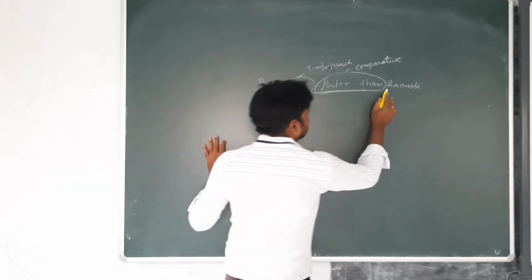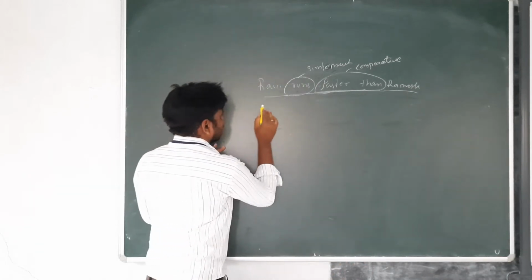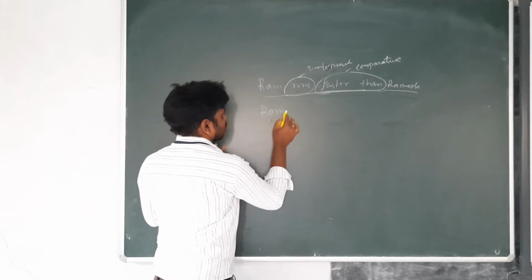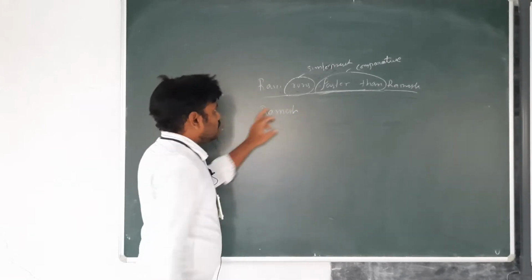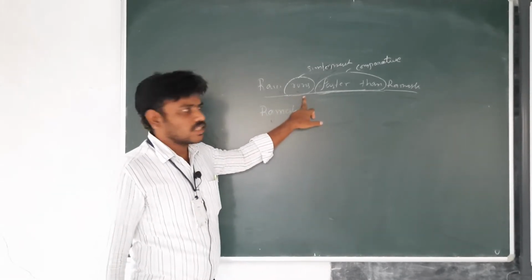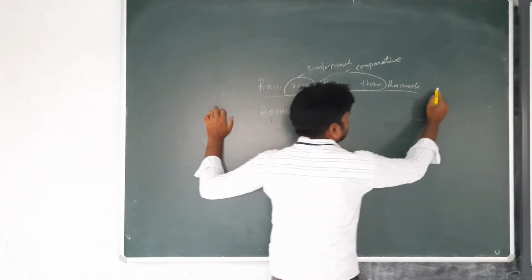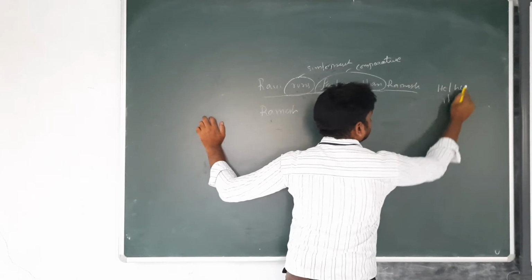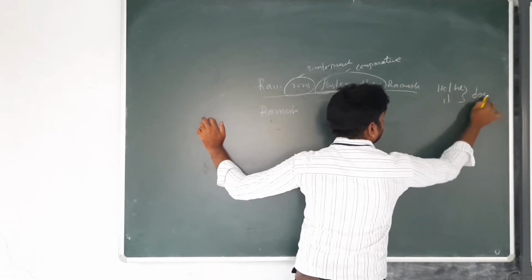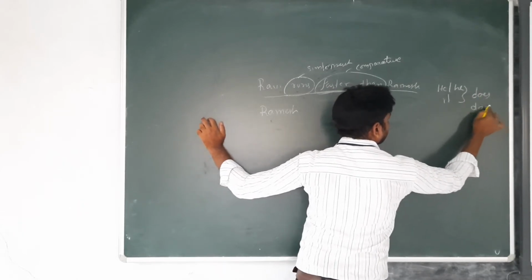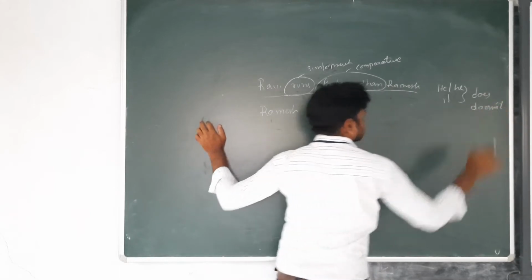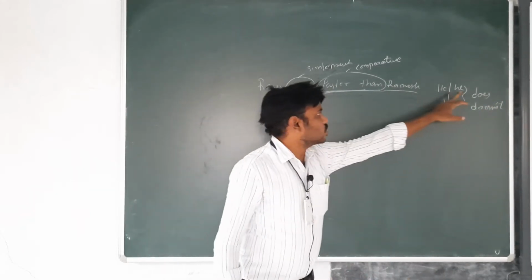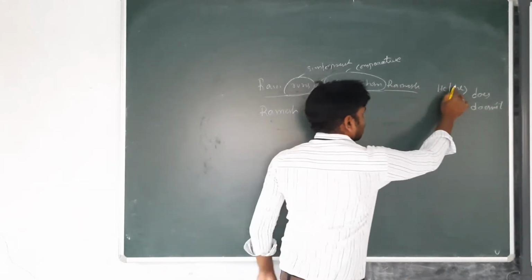So here we take Ramesh this side. Since it is simple present tense, we use does or doesn't with he, she, it.